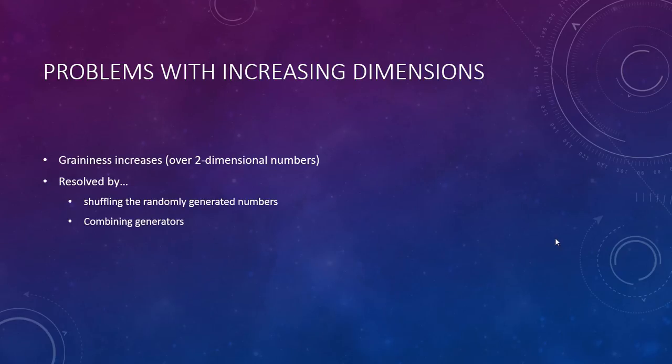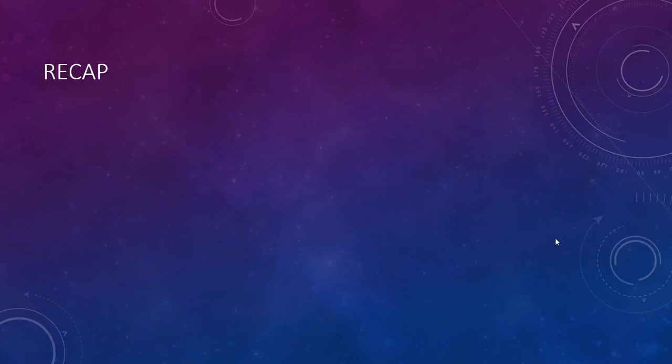In order to solve this problem, you have to shuffle the randomly generated numbers and combine the generators. And that's it for chapter 2.